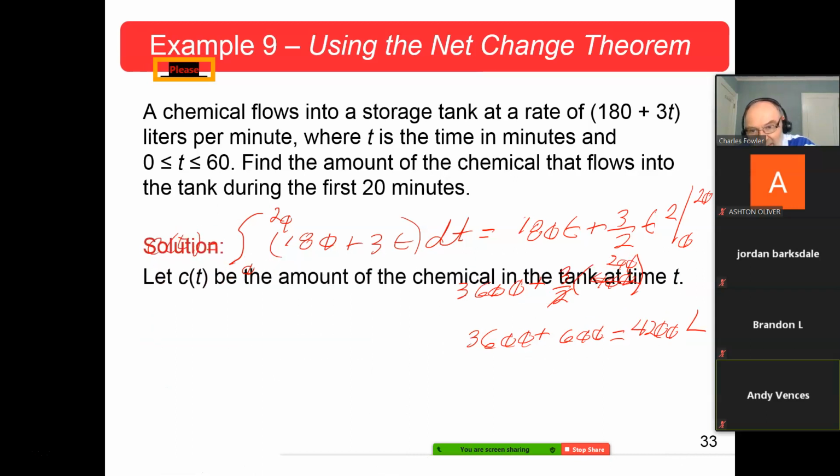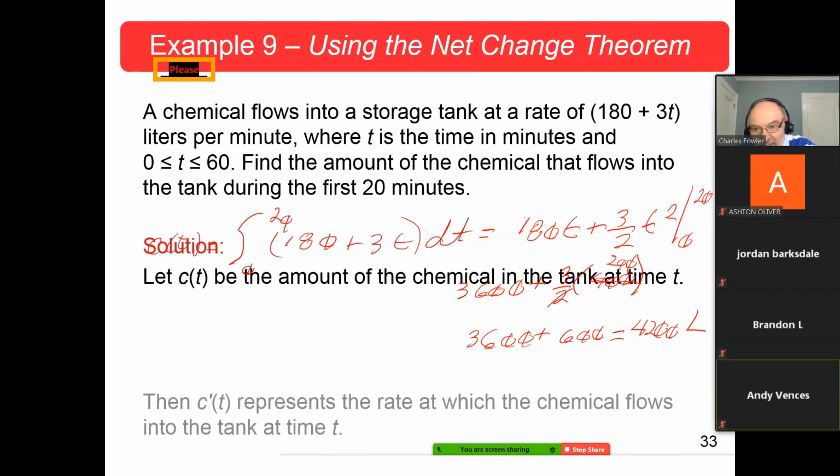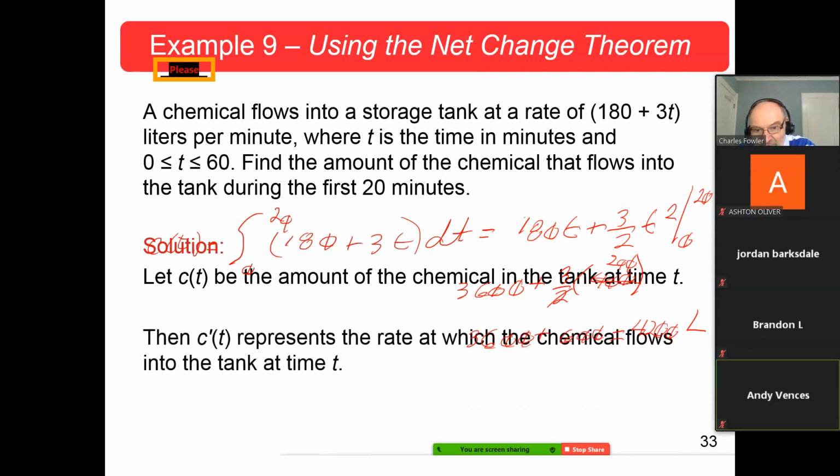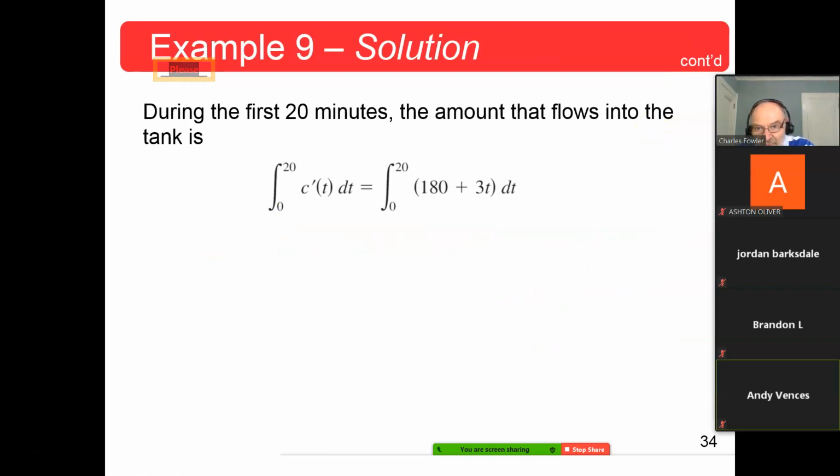They let C of t be the amount of chemical in the tank at any time t. Then C prime of t represents the rate at which the chemical is flowing into the tank at any time. And that's what they told us. During the first 20 minutes, the amount that flows into the tank is the integral of C prime dt, which gives you your C of t. That's the integral from 0 to 20 of this.